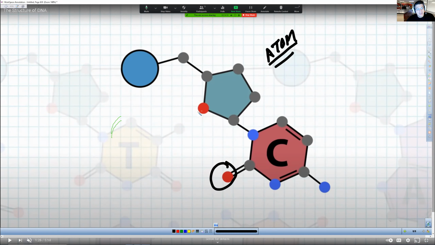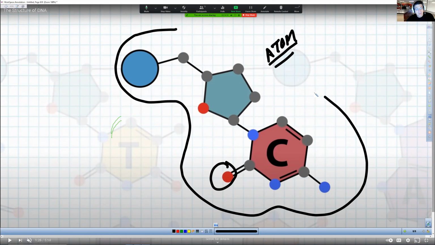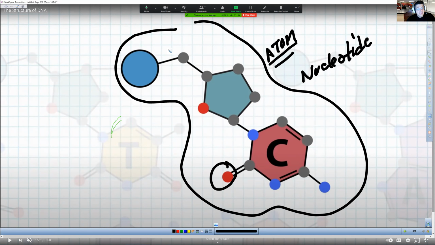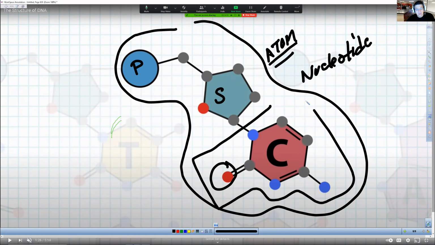This diagram is not really good, but at the end of the day, this thing here is a nucleotide. And as you can see, the phosphate group and the sugar never change. What's the only thing that changes? The nitrogenous base. Exactly.